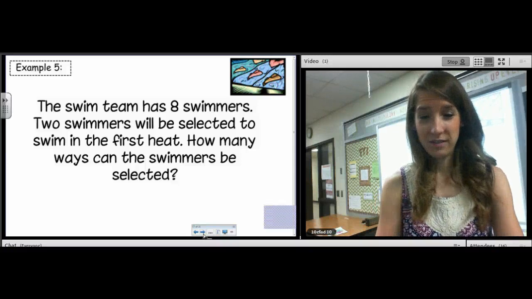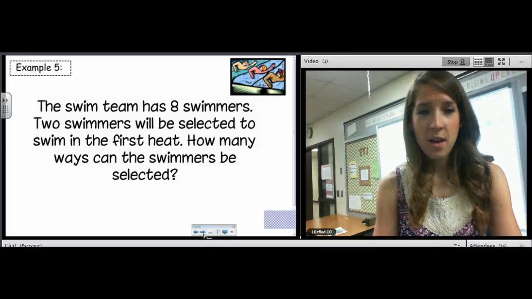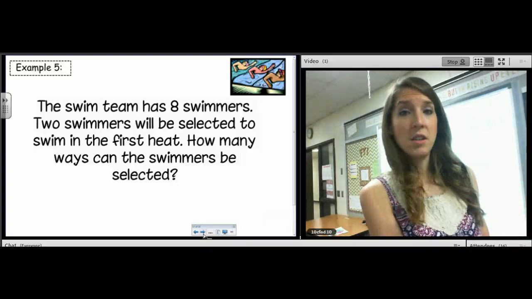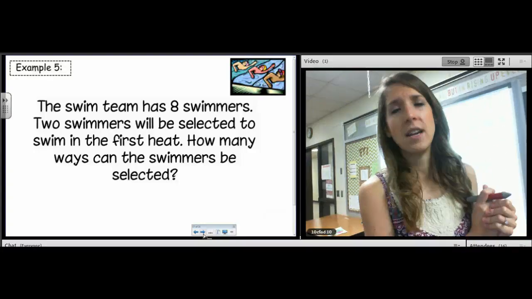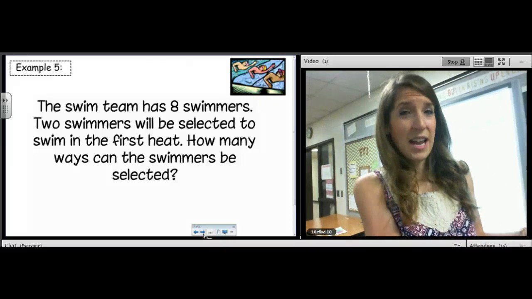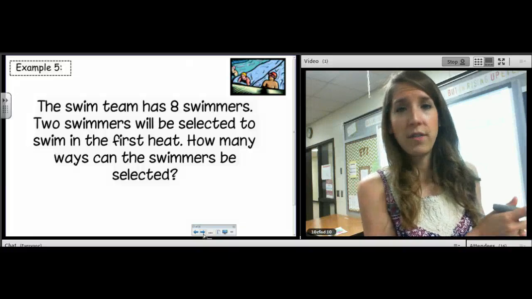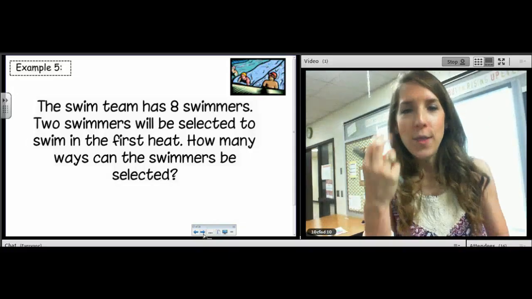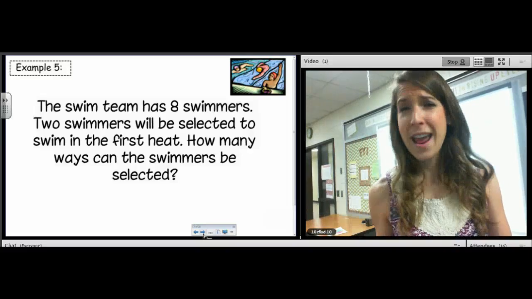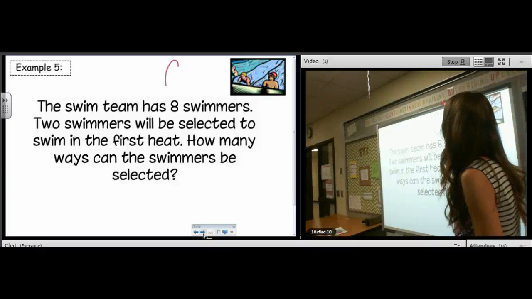I agree with Minjung. I think the order does not matter. Because if I pick Minjung and Tahani to swim in the first heat, is that different than if I choose Tahani and Minjung to swim in the first heat? Is that a different combination of people? No, it's no different. It doesn't matter whose name I say first. Those 2 people are going to swim in the first heat. So the order that I call the names does not matter. So this one is a combination.